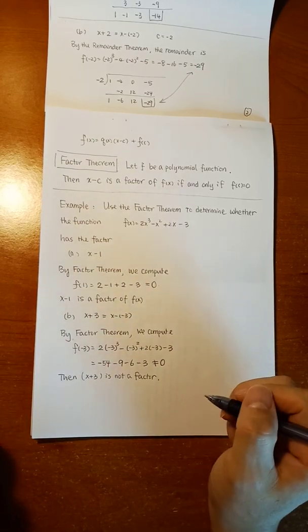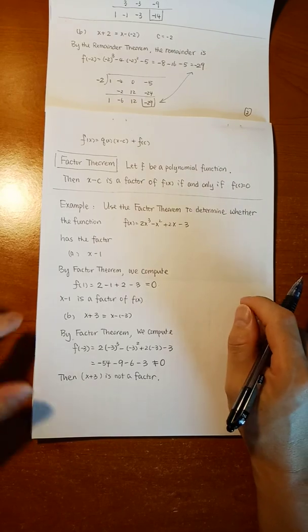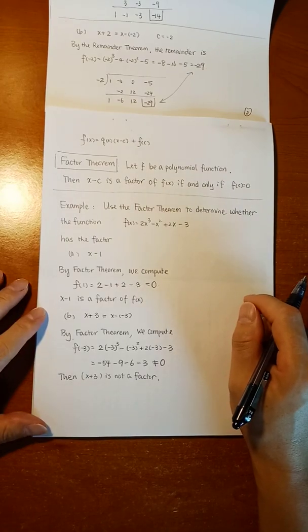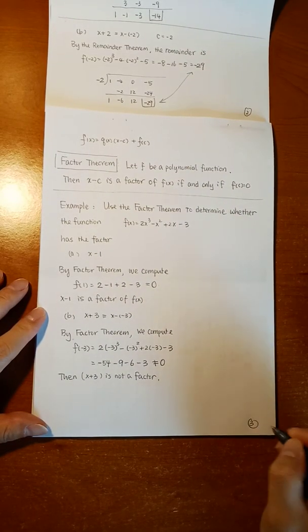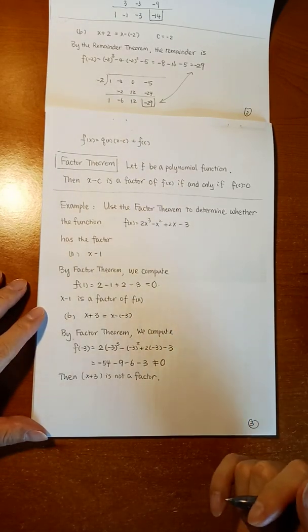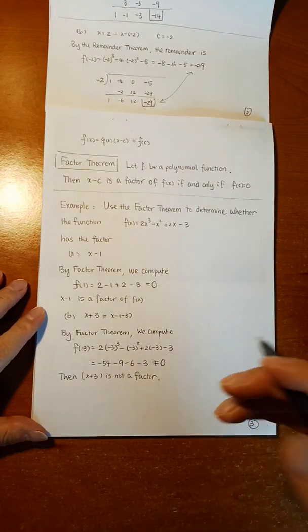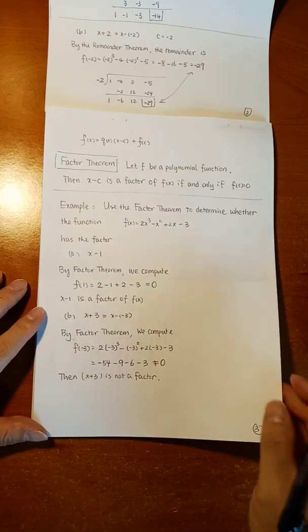X plus 3 is not a factor. So you don't have to do the division and see the stuff. Okay, so the remainder theorem, factor theorem. The remainder theorem comes from the division algorithm, and then it gives us the factor theorem.